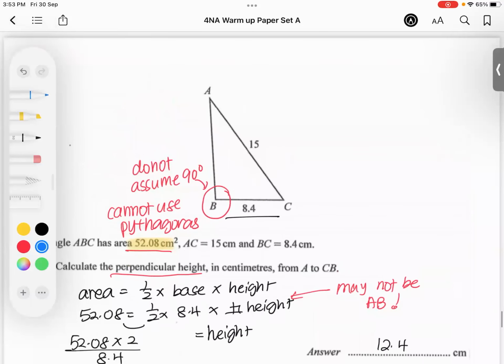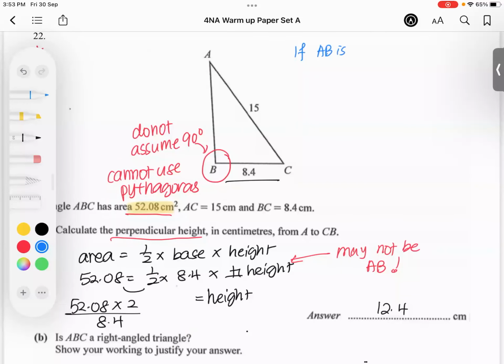If ABC is a right angle triangle, they wrote if, then AB is equal to the square root of 15 squared minus 8.4 squared. Then this number, the square root of 15 squared minus 8.4 squared, is 12.427.